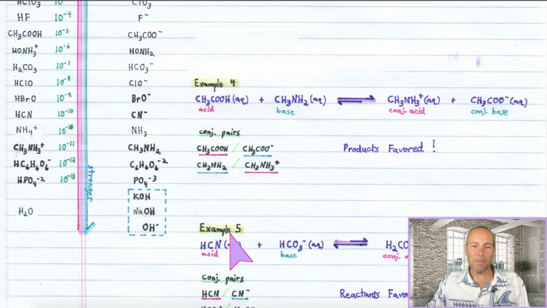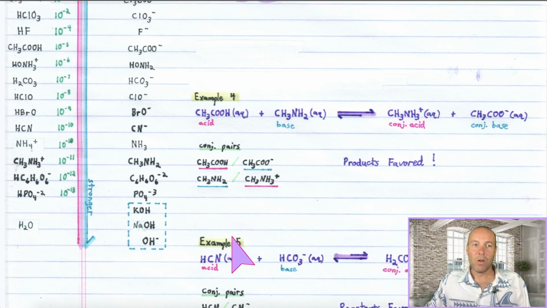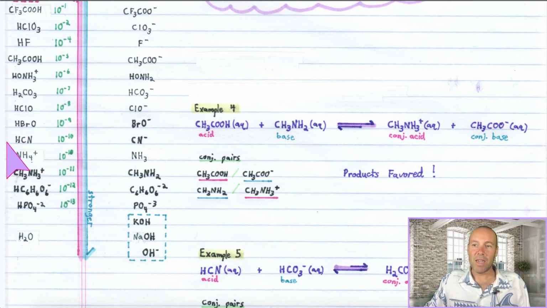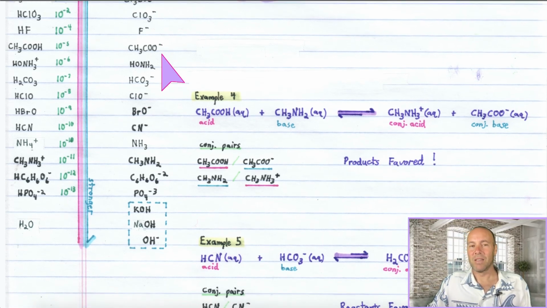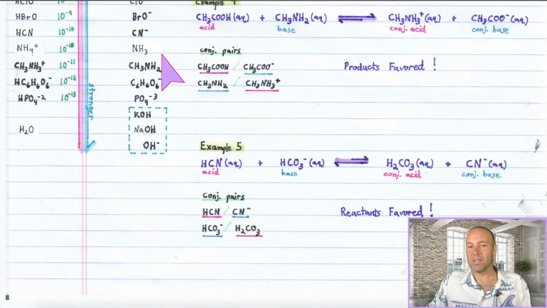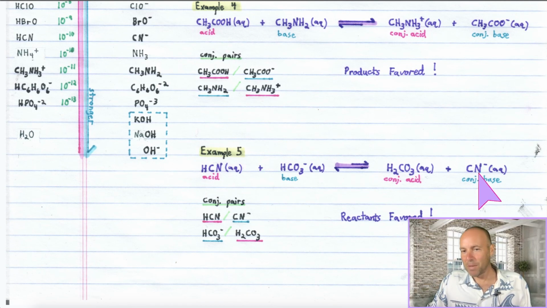In example 5, our last example, we'll select HCN, hydrocyanic acid, and we'll react that with the bicarbonate anion. So here you're going in this direction. That's not going to go towards product as much. You'll have some of the reaction occur, and so this acid donates some proton to that base, and after it does so, it turns into cyanide ion, which is the conjugate base of that acid.